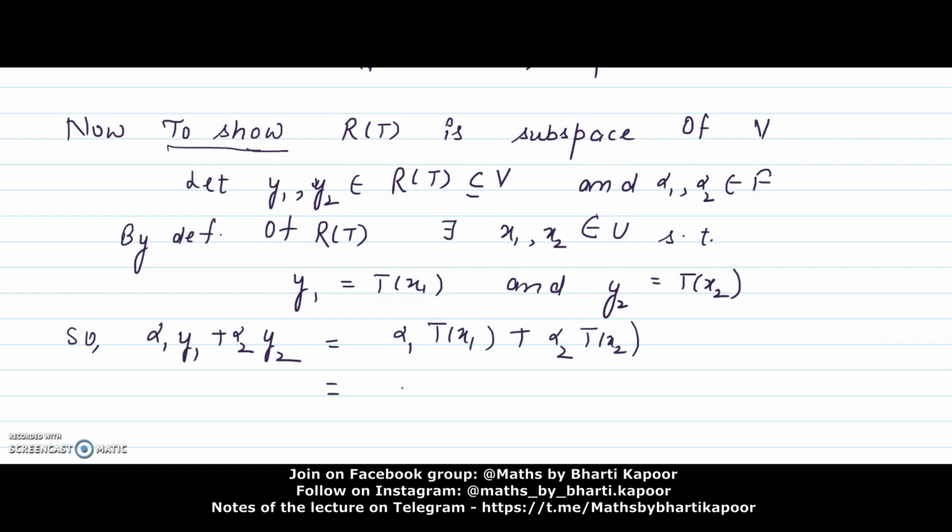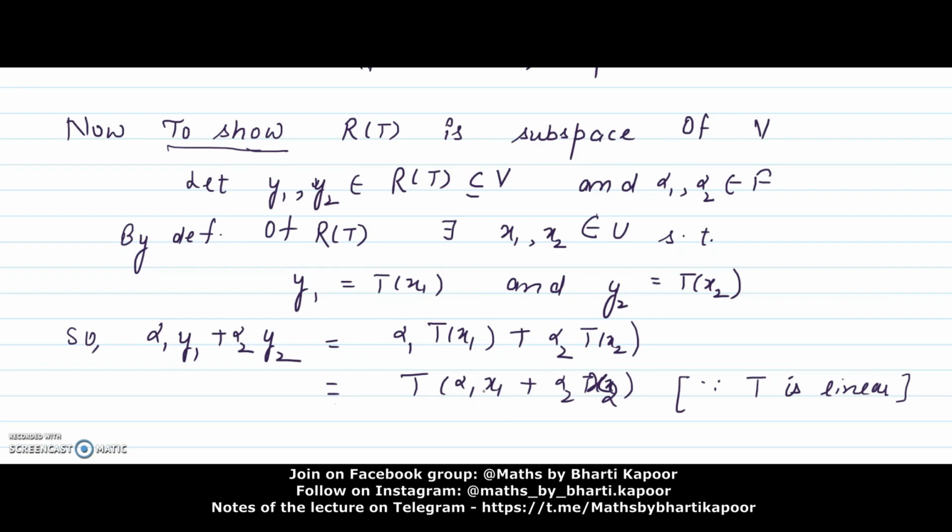Because T is linear, this is equal to T of alpha 1 x1 plus alpha 2 x2. That means alpha 1 y1 plus alpha 2 y2 is equal to T image of this element.